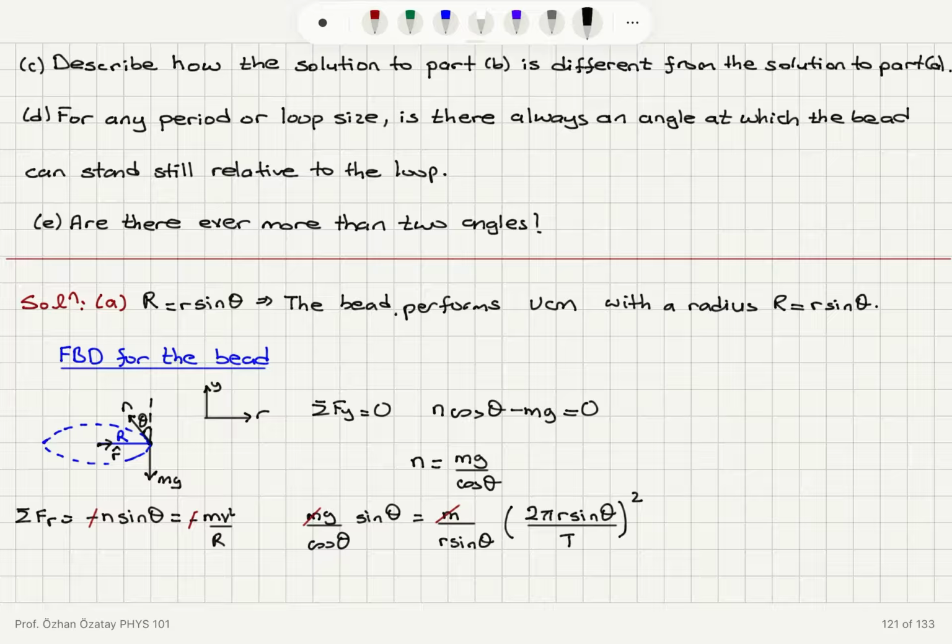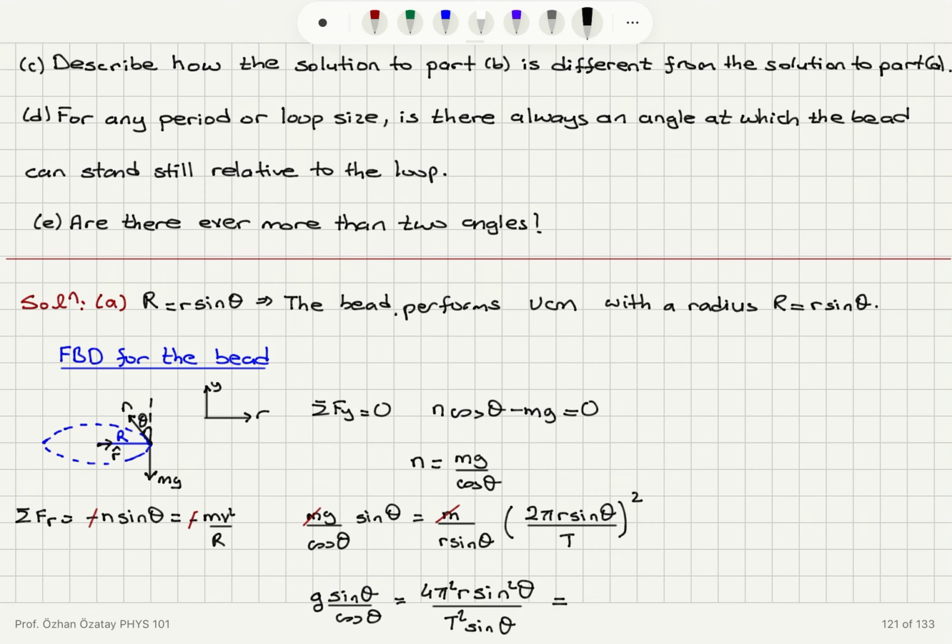We will have g times sine theta divided by cosine theta is equal to 4 pi squared R sine squared theta divided by T squared sine theta. Now, because sine theta can be 0, it's better not to cancel these and keep it as it is.